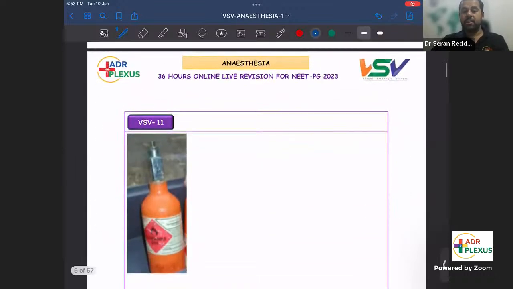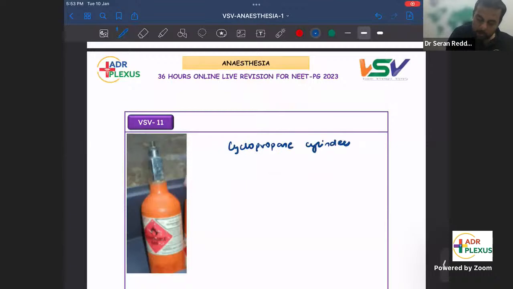Coming to this, what is this? Very good. It is a cyclopropane cylinder. Pressure approximately 75 psi.